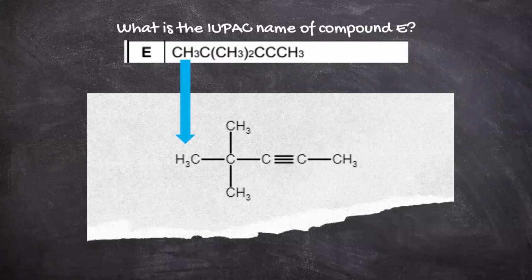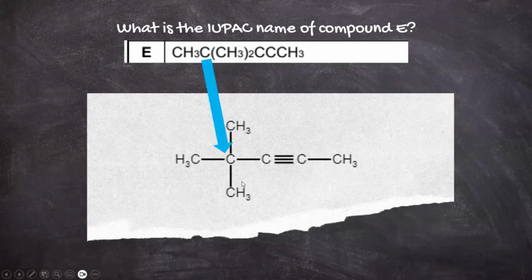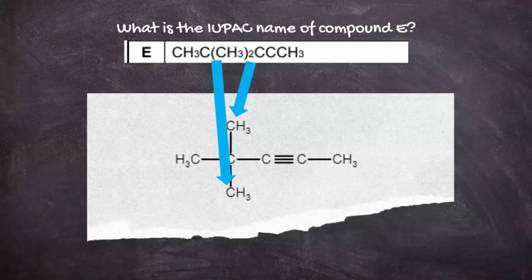Okay, so that CH3, I just put it right down. Okay, then the next carbon, I'm gonna have to draw out all of its bonds so we can put that carbon down, and then this has two substituted methyl groups.